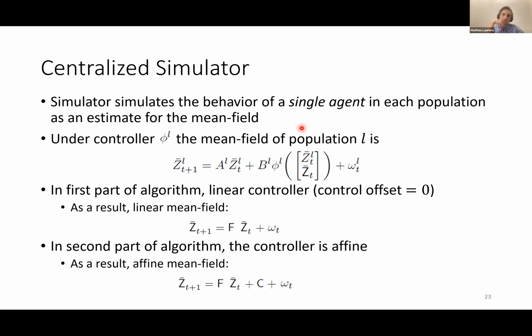So Z bar is a kind of estimate of the mean field, and it is random because you use a single agent. Yes, so Z bar is the estimate, and it will have this random noise due to the imperfect simulation. If you have a perfect simulator, you need access to infinitely many agents, which can simulate the aggregate of infinitely many agents. But we don't have access to that. We have access to a single agent, and that brings in the noise. Okay, thank you.